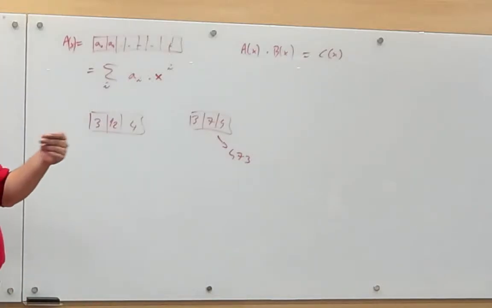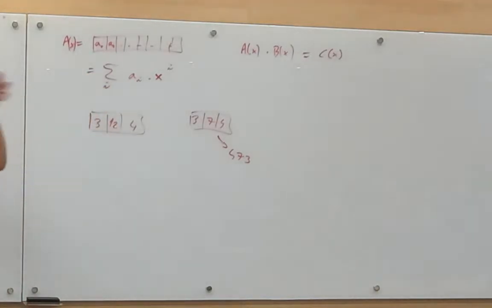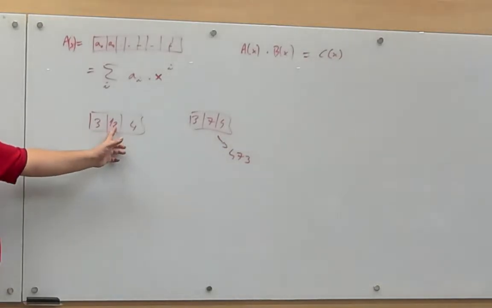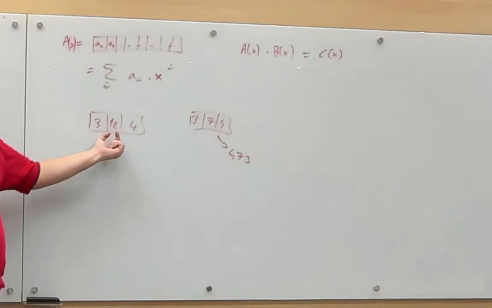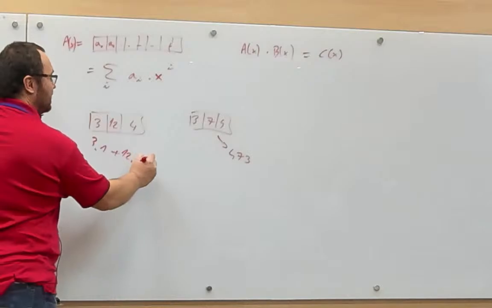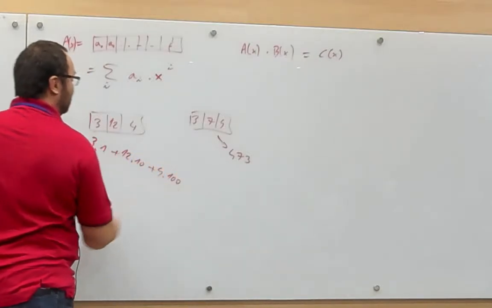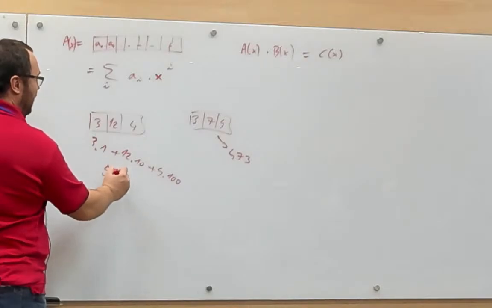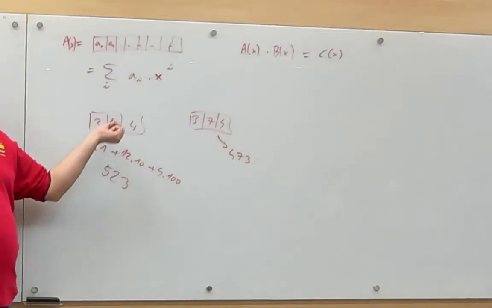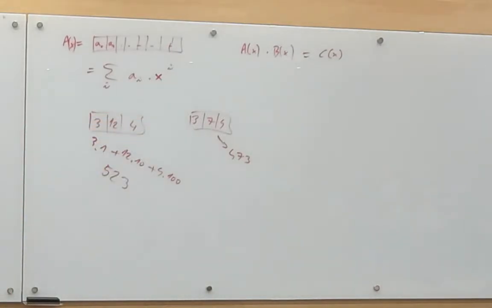If you multiply the polynomials, then you multiply each term with each term, and then you sum it up for each of the powers of x. Then you can get individual coefficients of the final polynomial that are bigger than 9. So these are not valid digits in base 10, but it's still the same number. So it's still 3 times 1 plus 12 times 10 plus 4 times 100. So in this case, this would be 523. So this is what you got when you multiply the two polynomials together, and when you are evaluating it for x equal 10, you are just propagating these bigger values along the array.